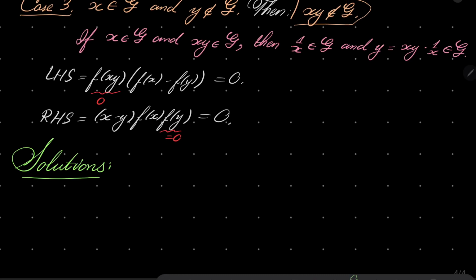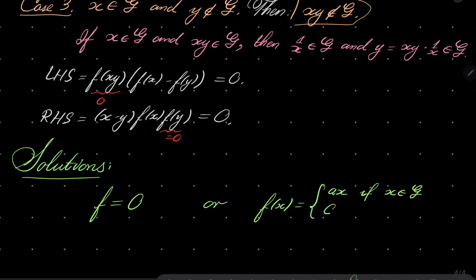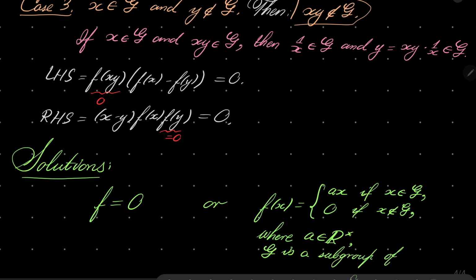So solutions of our equation: f is either 0, or f of x is ax if x is in G, and it's 0 if it isn't, where a is some non-zero real number and G is a subgroup of R star.